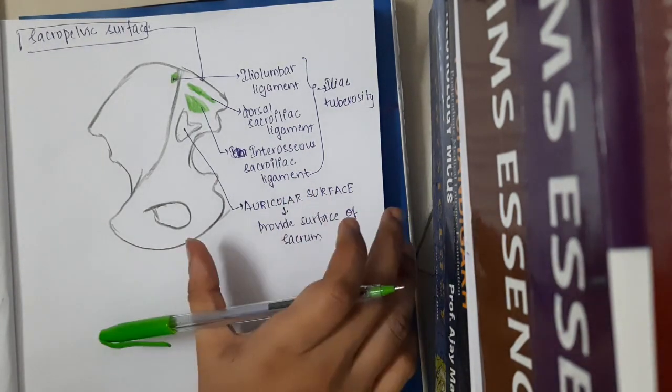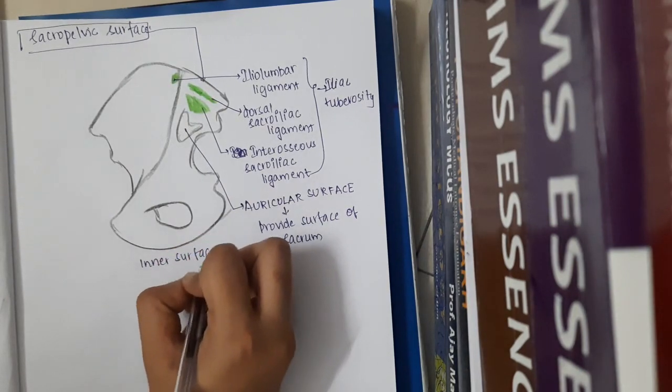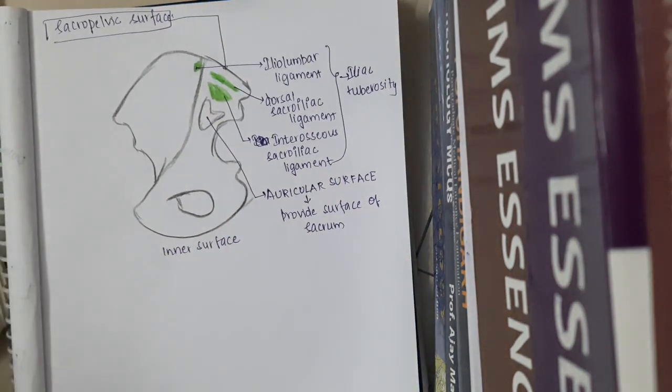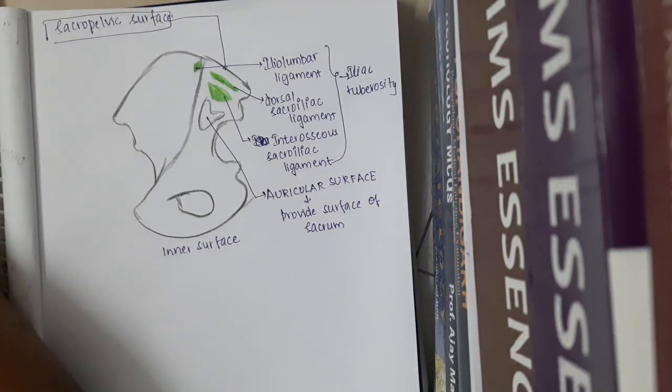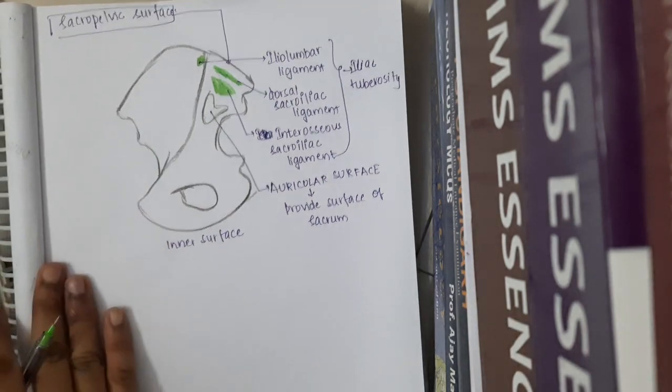Now what does the pelvic part of the sacropelvic surface do? The pelvic part gives attachment to obturator internus in most of the surface. Okay, that is done. So we have learned about the ilium.